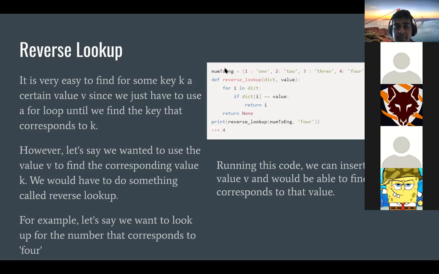So basically we pass in the dictionary num_to_eng as dict, and then we pass in our value, which is "four".